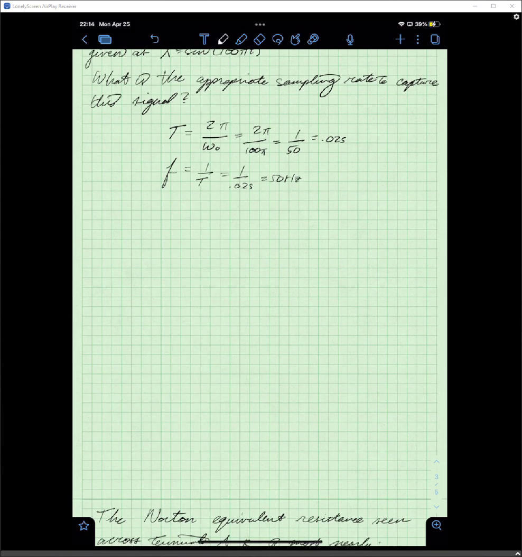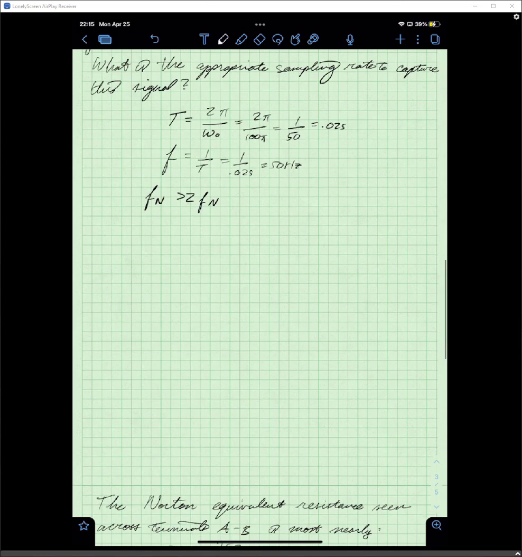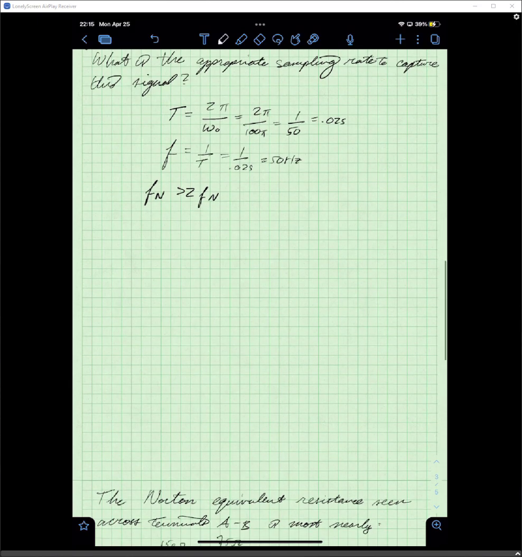And Nyquist's theorem says that in order to accurately sample a signal, your sampling rate must be twice the highest frequency of the signal. So basically it says that your sampling frequency has to be 2 times your frequency in.